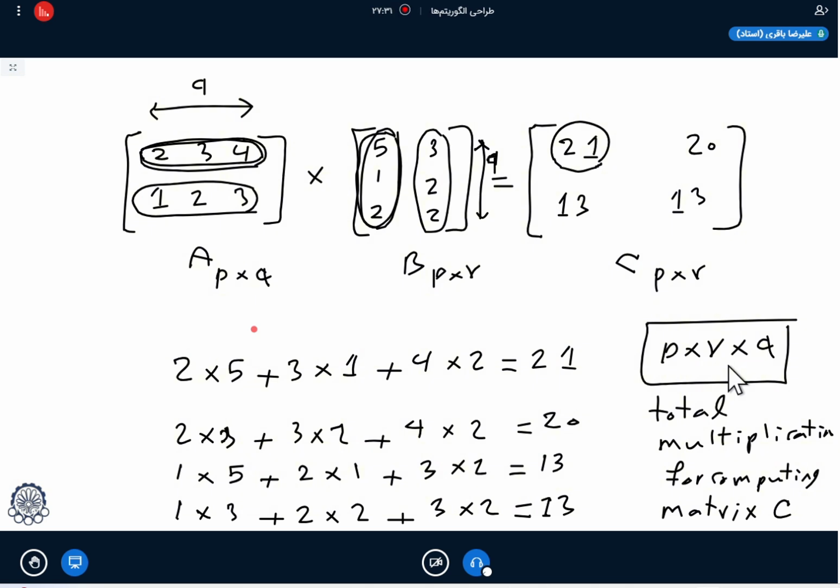So we should do P multiplied by R multiplied by Q multiplications for computing matrix C, for multiplying A by B.